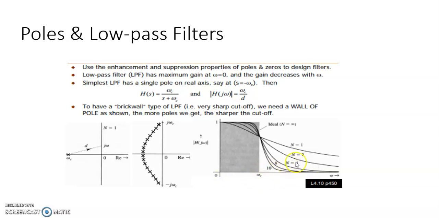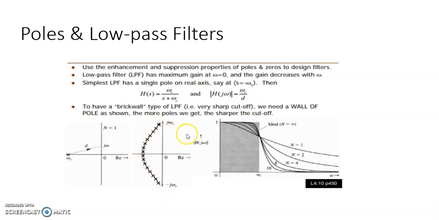After the cutoff frequency, it will not allow any signal to pass through it. So this is how you design your low pass filter, and this is how the characteristics of a low pass filter are going to look like. This is called the brick wall type LPF.